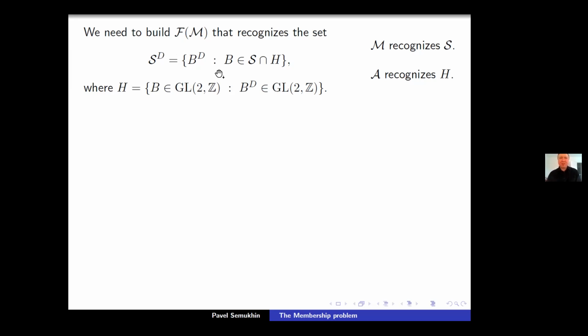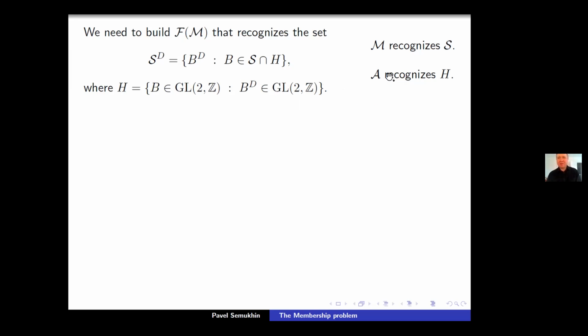Therefore, we don't take all matrices B from the semigroup S, but we intersect it with this group H here, which selects only matrices for which B conjugated with D have integer coefficients.